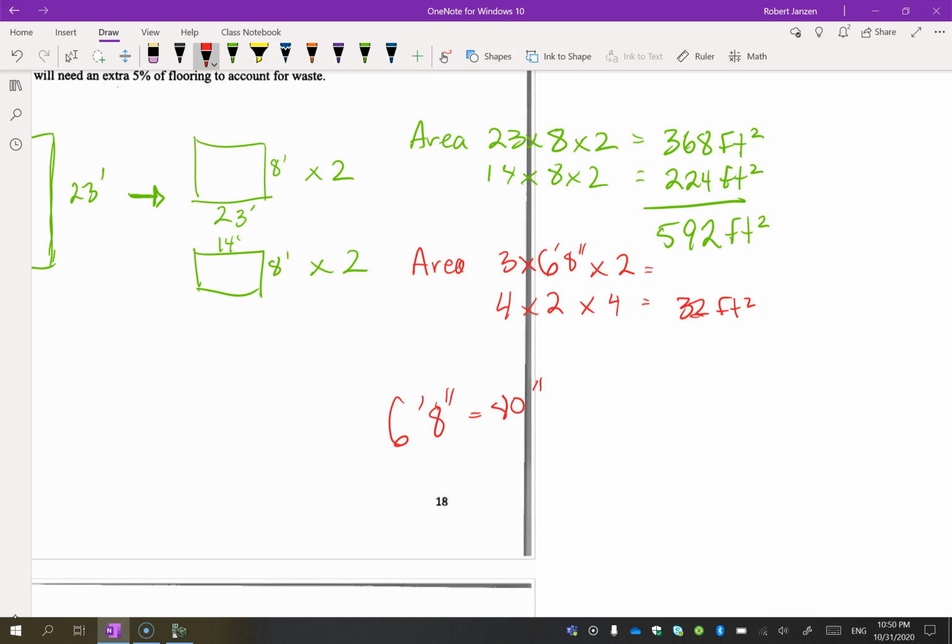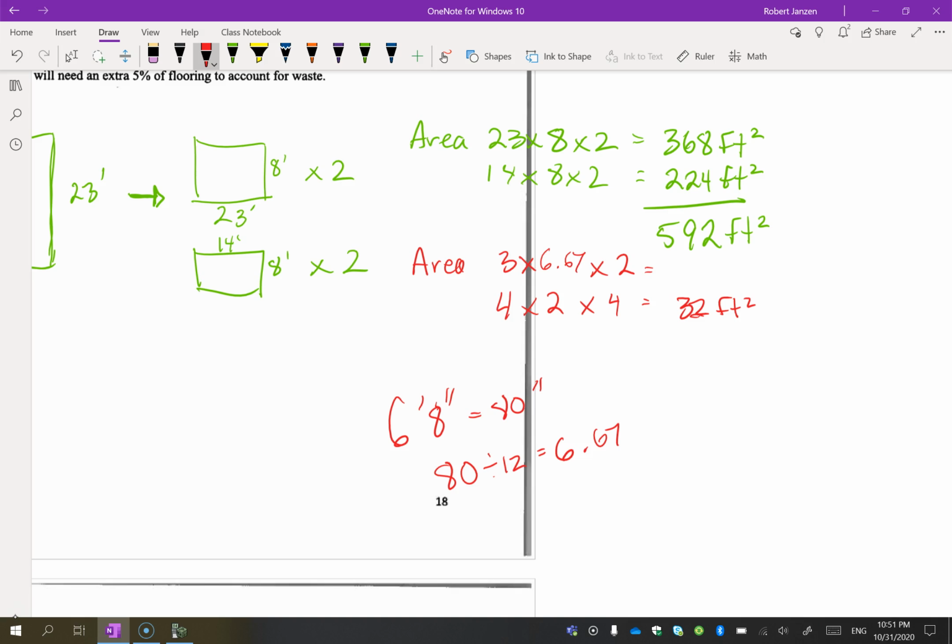So we could do it this way, but let's change the 80 inches to feet because everything else is in feet so far. So if we divide 80 by 12, right, we're going to get 6, and then there's 8/12 left over. This is going to be 6.67. Okay, so we're going to go 6.67 instead of 6 feet 8 inches.